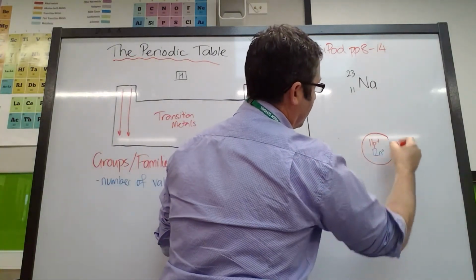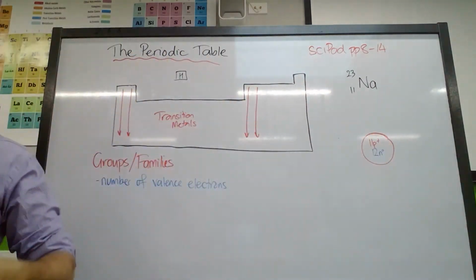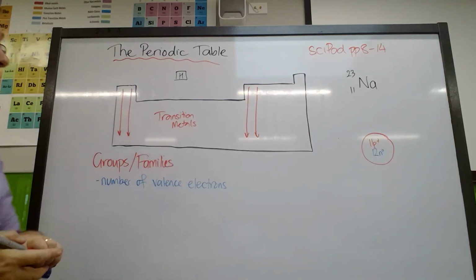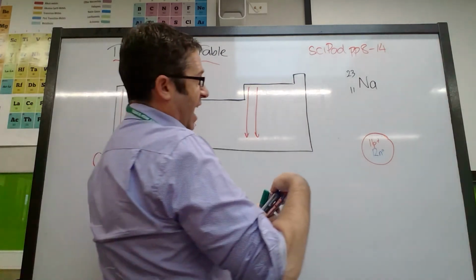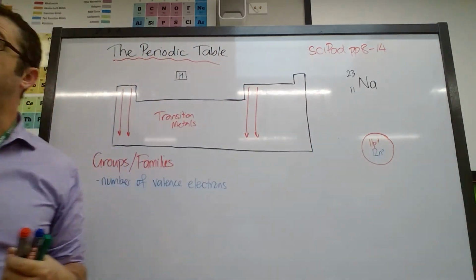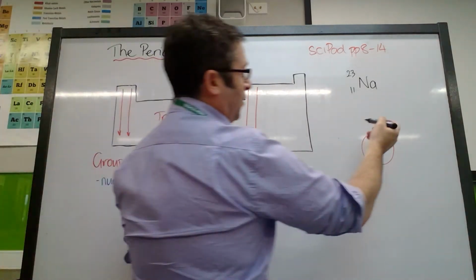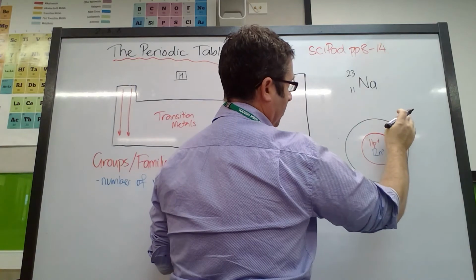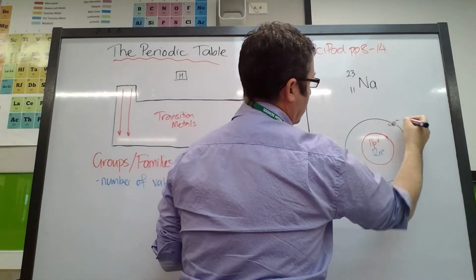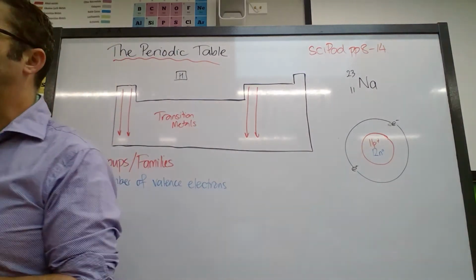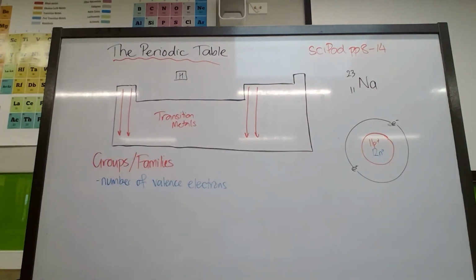Then, because it has 11 protons and atoms are electrically neutral, it has 11 negative charges, which are its electrons arranged around that. Its first energy level, or shell, this is nowhere near to scale, by the way, will have two of those electrons. This shell is too small to take any more than 2.